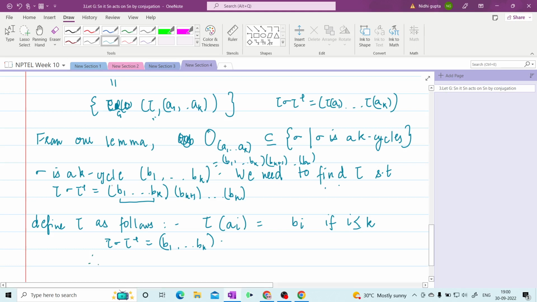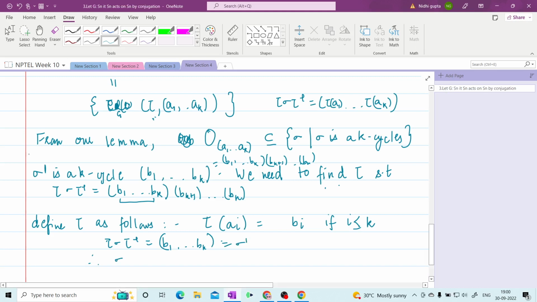Sigma prime, sorry, this was sigma prime, sorry, I'm making lots of mistakes today. We want to start with some new cycle, sigma prime. I have already used sigma for the original one, so I can't use this. So this is sigma prime.